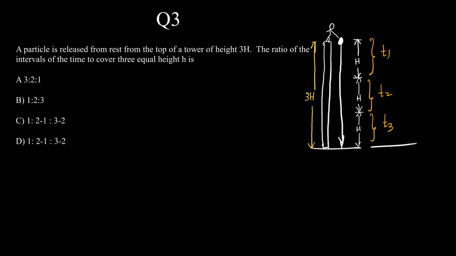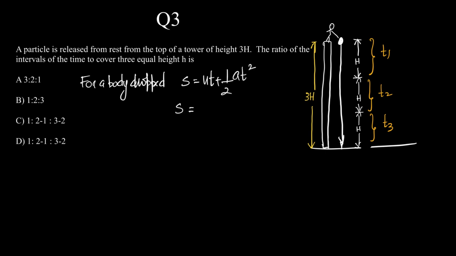Alright, so we know for a body dropped, what is s equal to? s is equal to ut plus half a t square. And further, since it is dropped, u is 0.